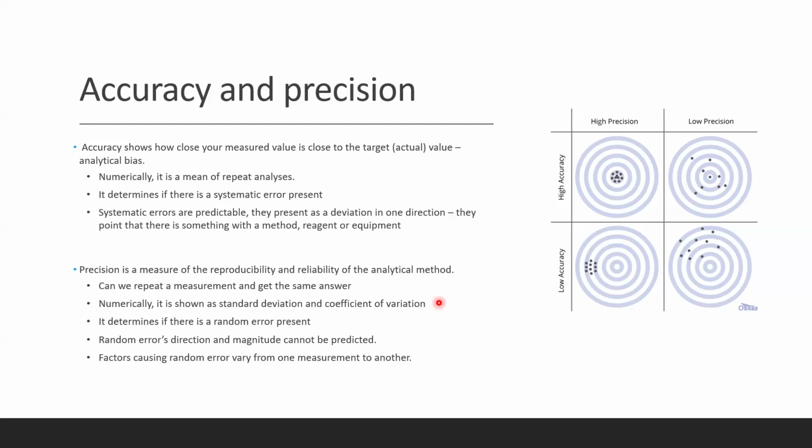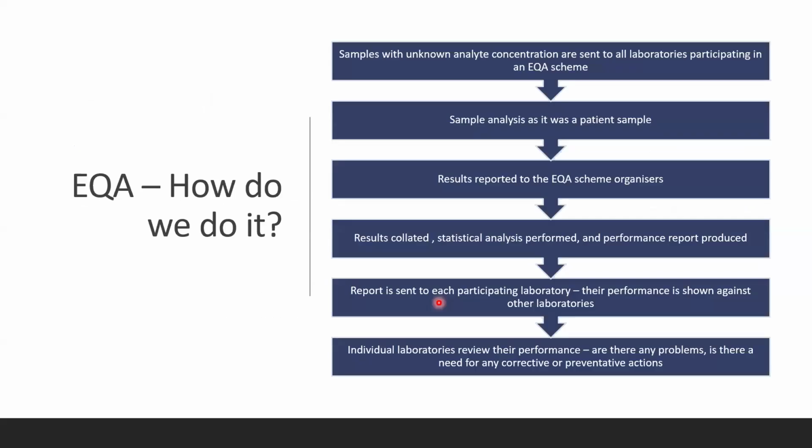Unlike accuracy or systematic errors, where we can predict the error and in which direction it might go if the error is not corrected, factors which cause random errors are unpredictable and can vary from one measurement to another. So how is EQA done?